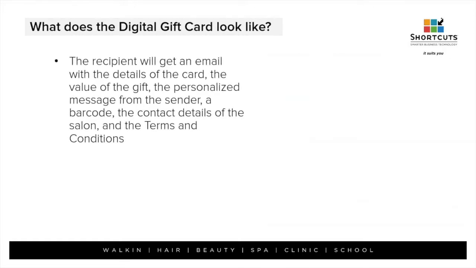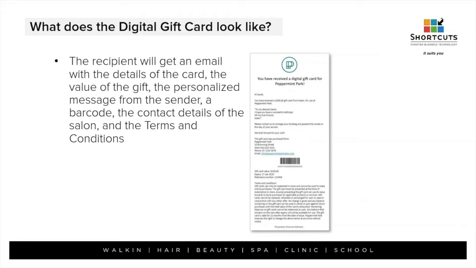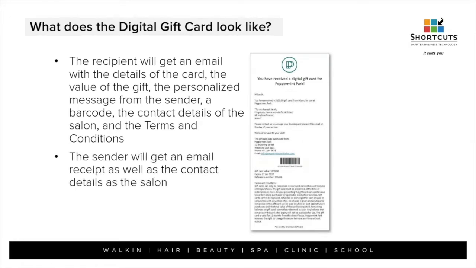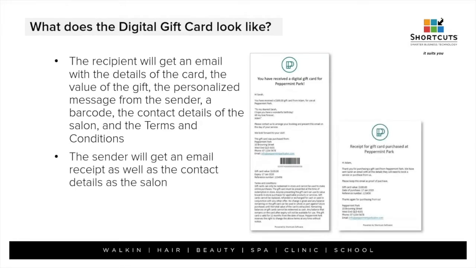So the recipient will actually get an email. It'll have your store logo, it'll have a nice message, it'll say what the value of this card is for, and it'll even have a barcode in the actual email. So if your store, if your location actually has a barcode scanner, you can scan this in at the point of sale, and Shortcuts will recognize how much is on this gift card.